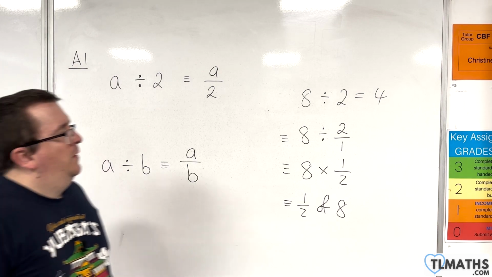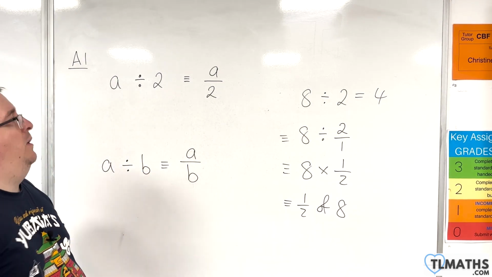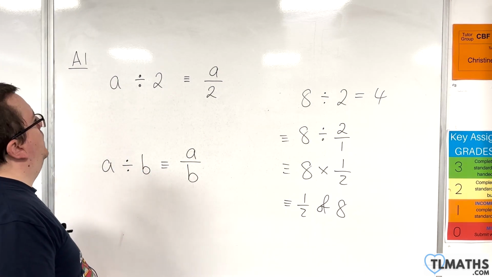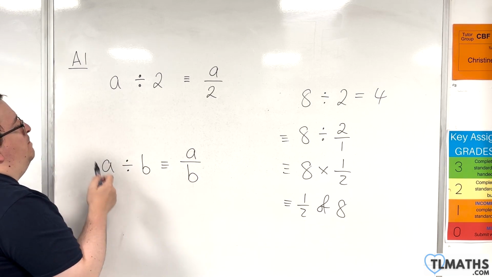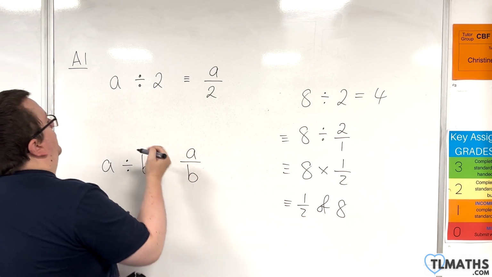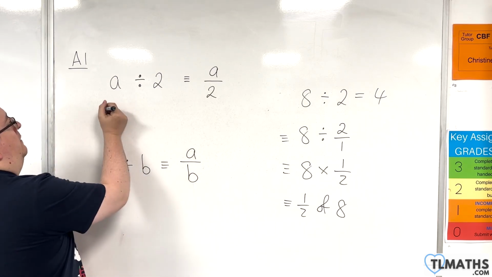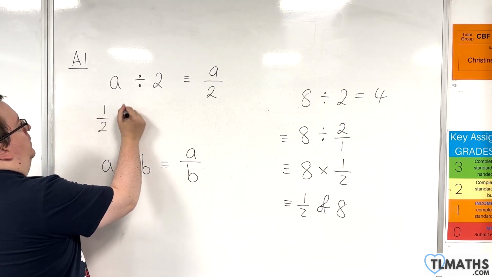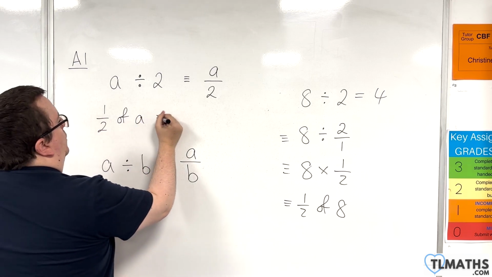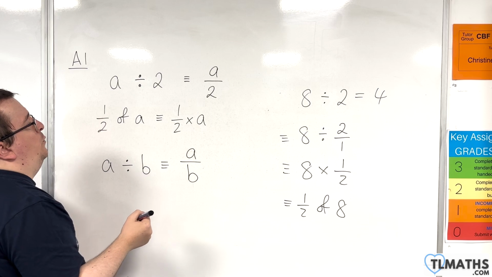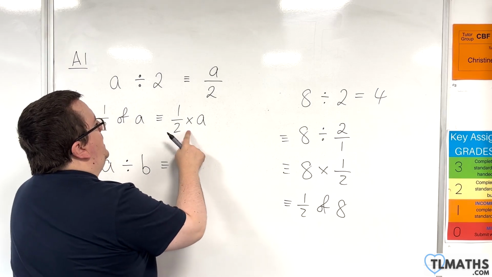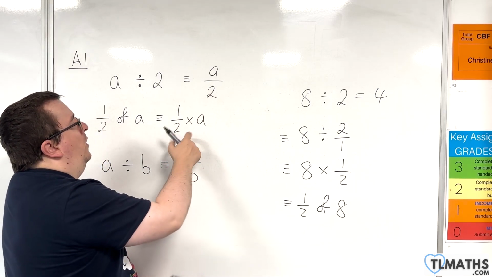Okay, so dividing by 2 is the same as multiplying by 1/2. So A divided by 2 must be the same as 1/2 of A, or 1/2 times A. So what it's showing you is that actually these two things are the same.